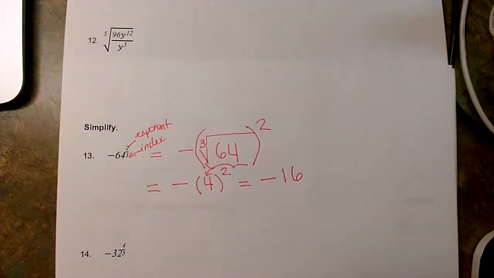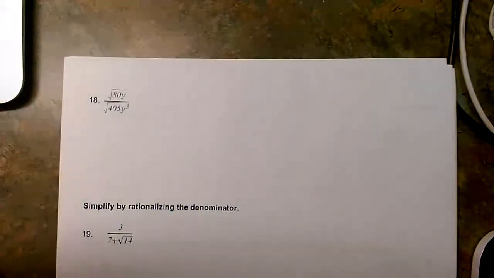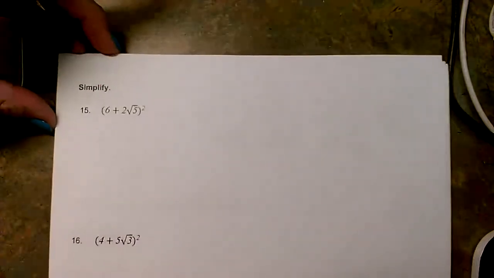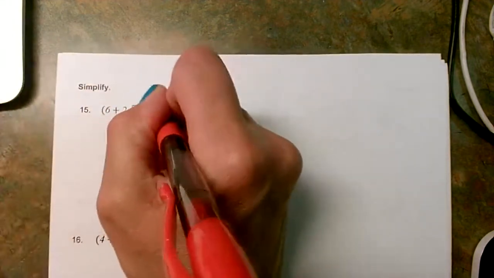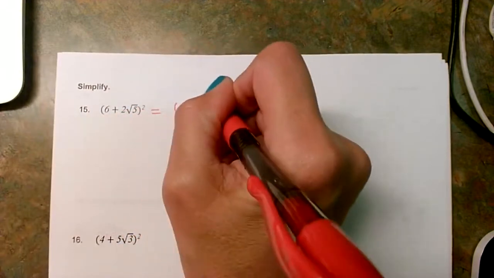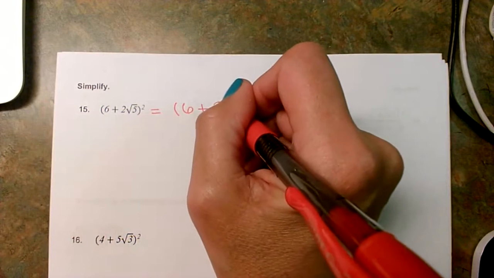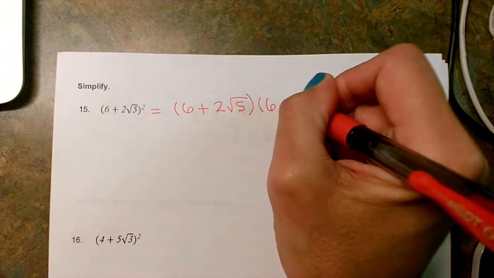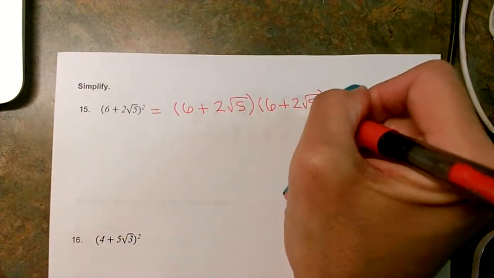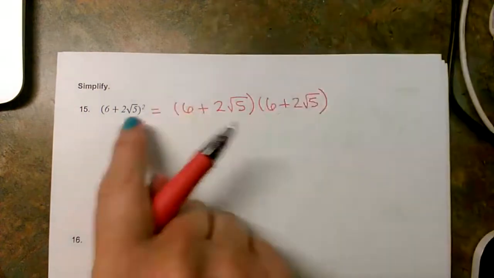Now let's do 50. Okay, so this one is going to be 6 plus 2 times square root of 5, right? I'm just rewriting this.